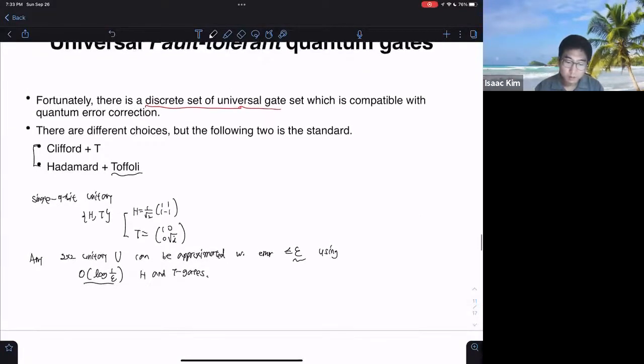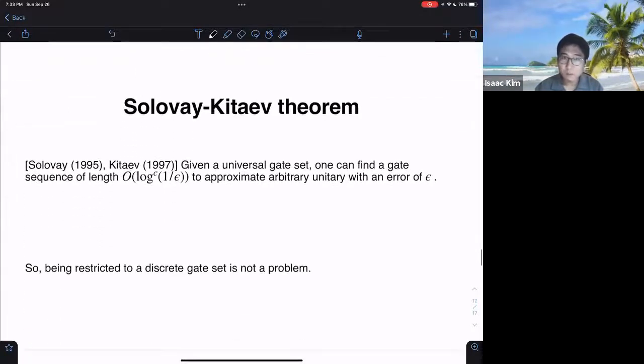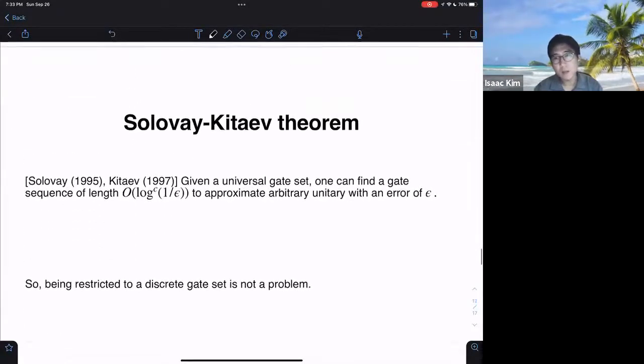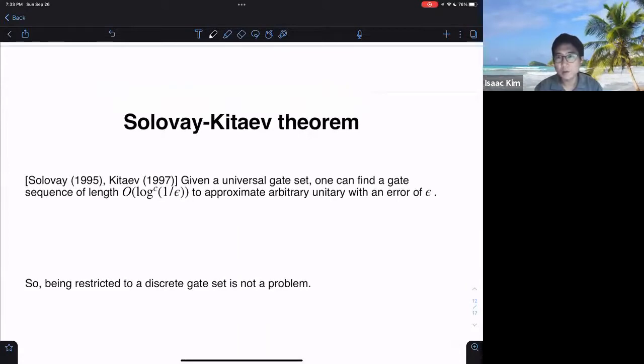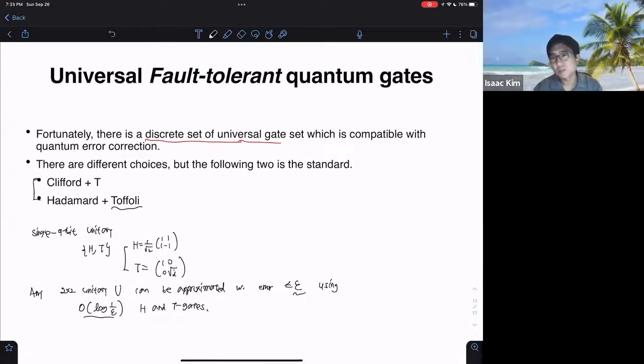Okay, right. And moreover, if you actually want to run these algorithms, just knowing that this is possible in principle is not enough. Let's say I have this problem.